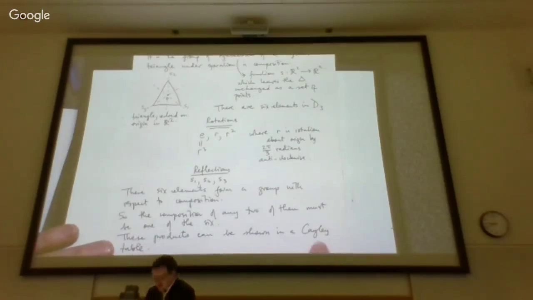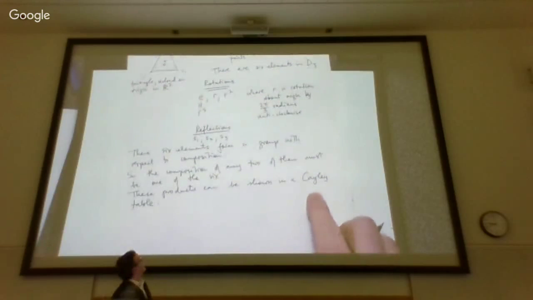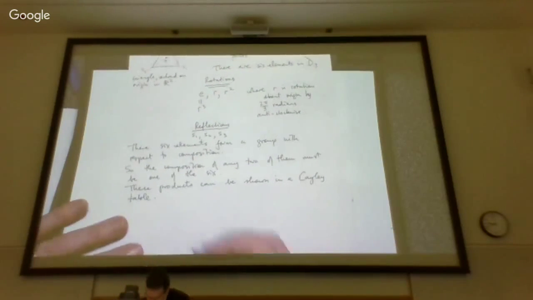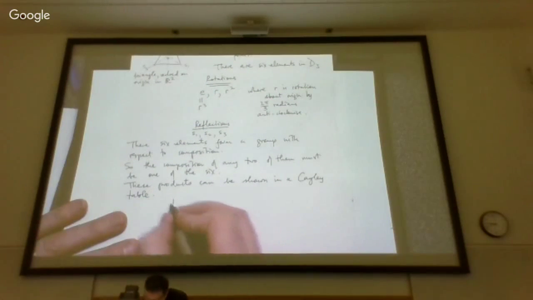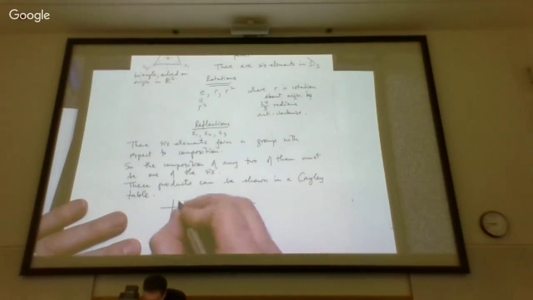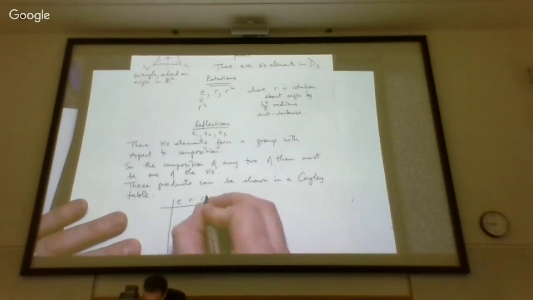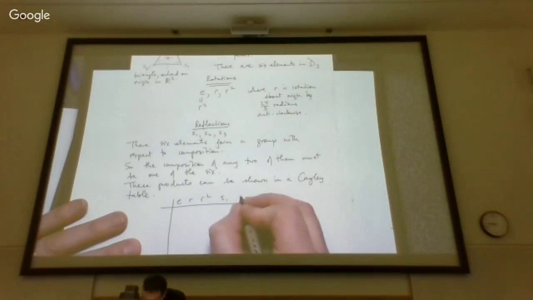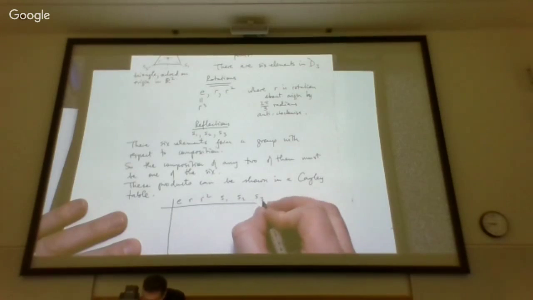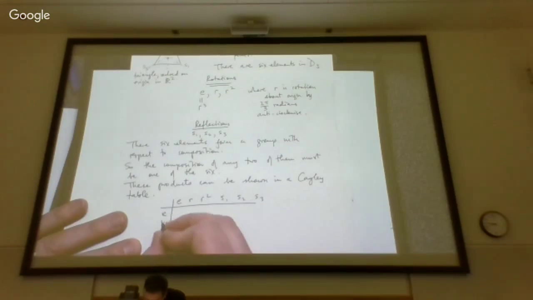So Cayley table is named after this mathematician Cayley. Did work on group theory, but it's quite a familiar idea. It's simply a multiplication table for the group.